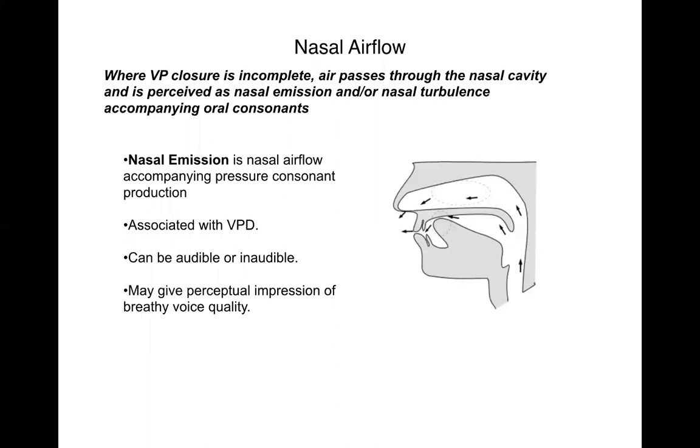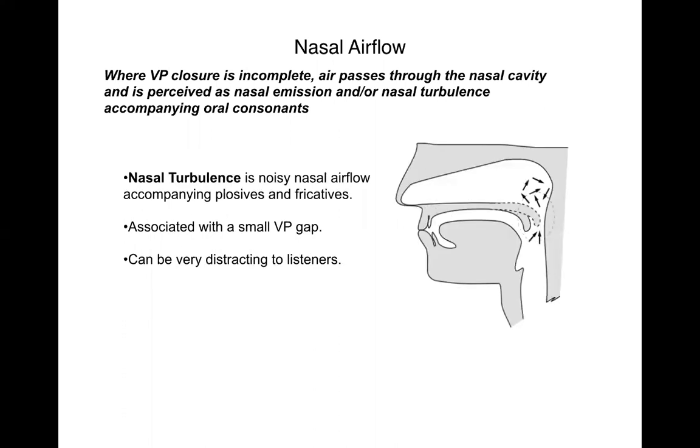Because the soft palate is not closing, it allows for that nasal air emission through the nose. Nasal turbulence is also part of nasal airflow, but it's a more noisy nasal airflow because it's often associated with a smaller velopharyngeal gap. Sometimes we refer to it as nasal snort or nasal rustle, but it can be very distracting to people listening to the child.